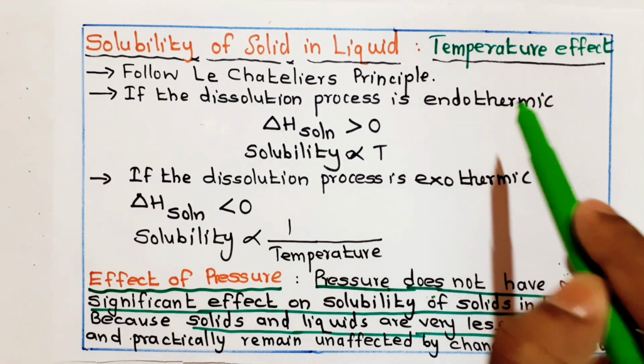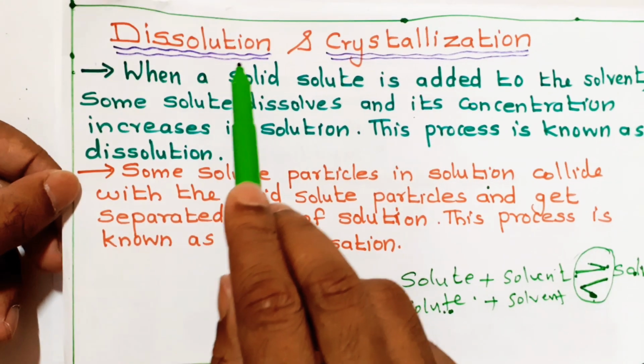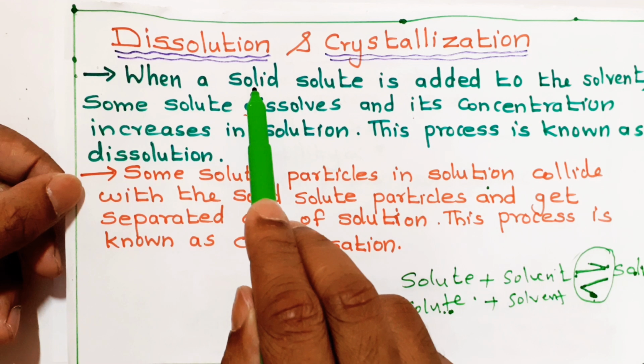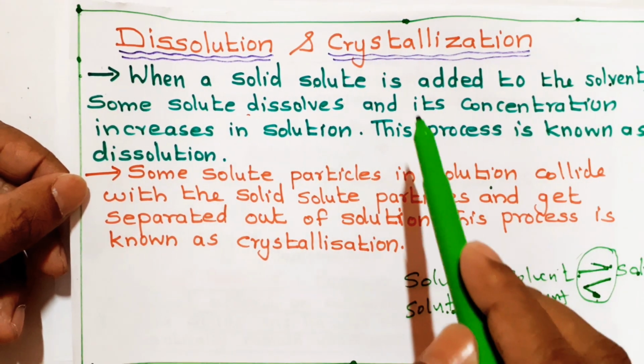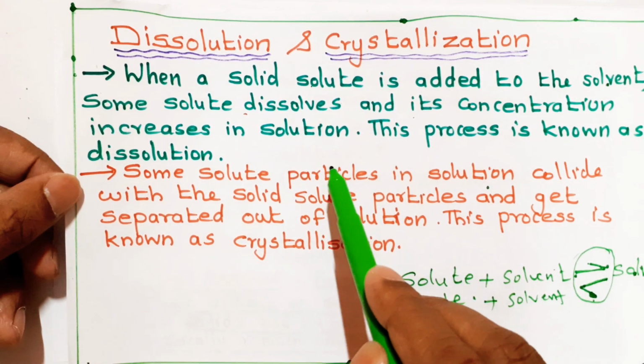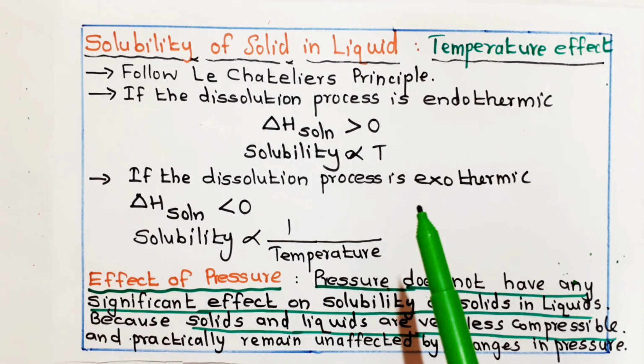What is the dissolution process? I have already explained: solute gets dissolved in solvent, so you get a solution. This is called dissolution.